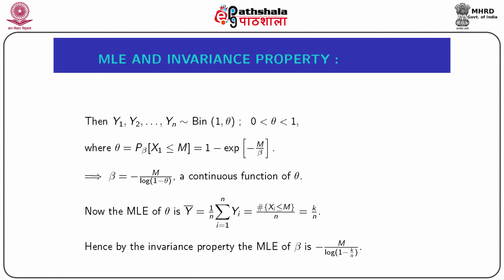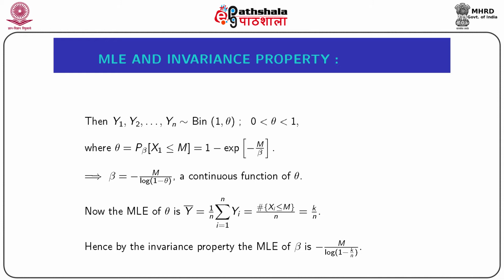Now, theta will be the probability that any random sample observation xi is less than or equal to capital M, and that is equal to 1 minus e to the power minus M by beta under the exponential probability model.